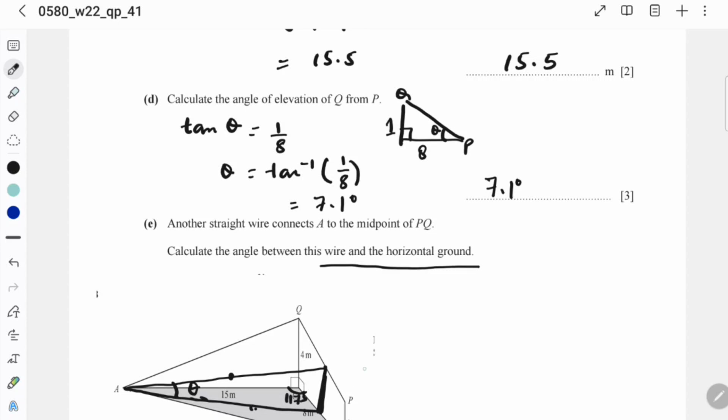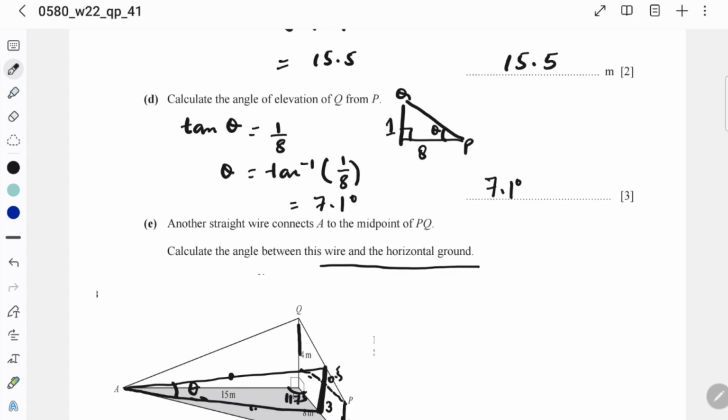So if we look at this, this is 3, and over there this will also be 3, and it's a midpoint, so this we have found was 1, so this is 0.5.